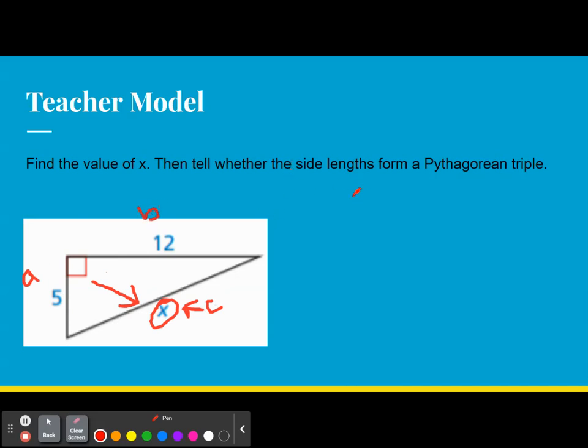Then I start out with my formula. A squared plus B squared equals C squared. A is 5, so I do 5 squared, plus B is 12, so I do 12 squared, equals x squared, because C is x.